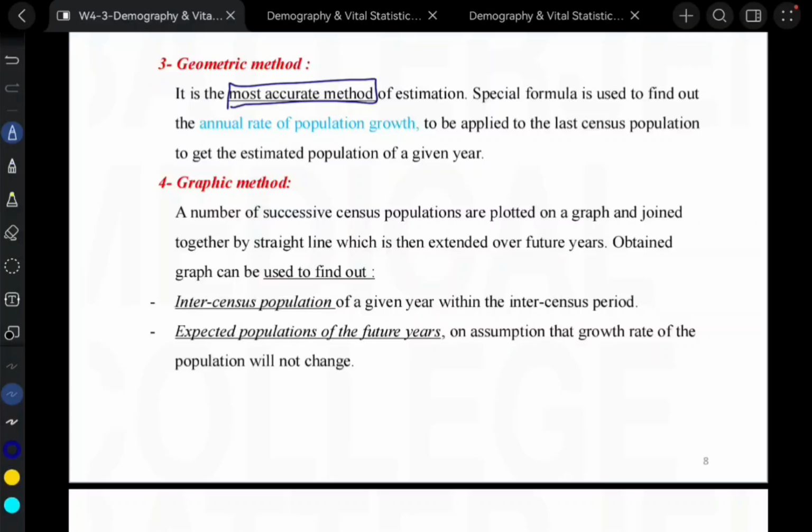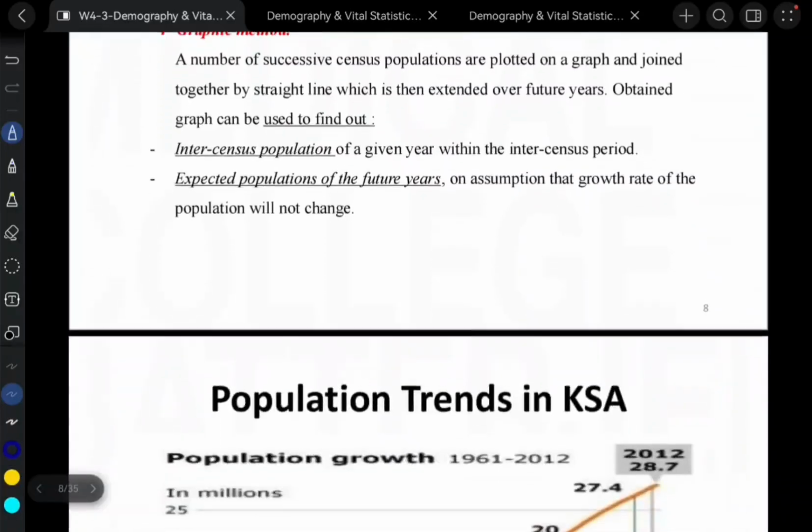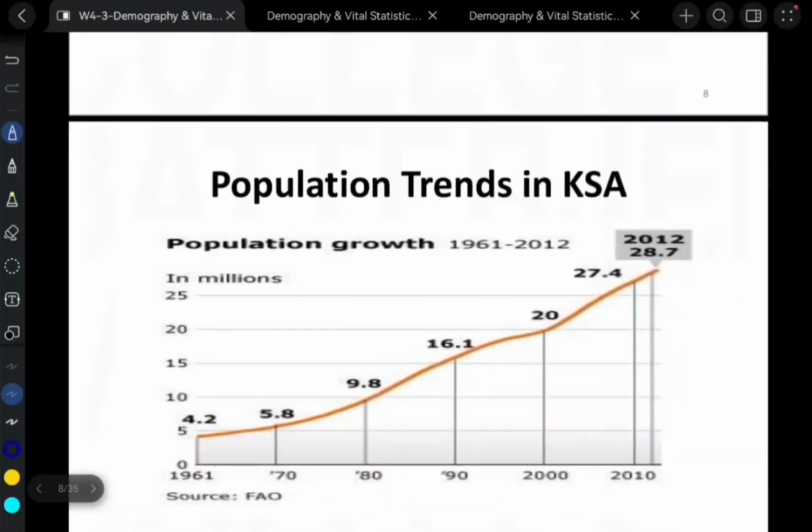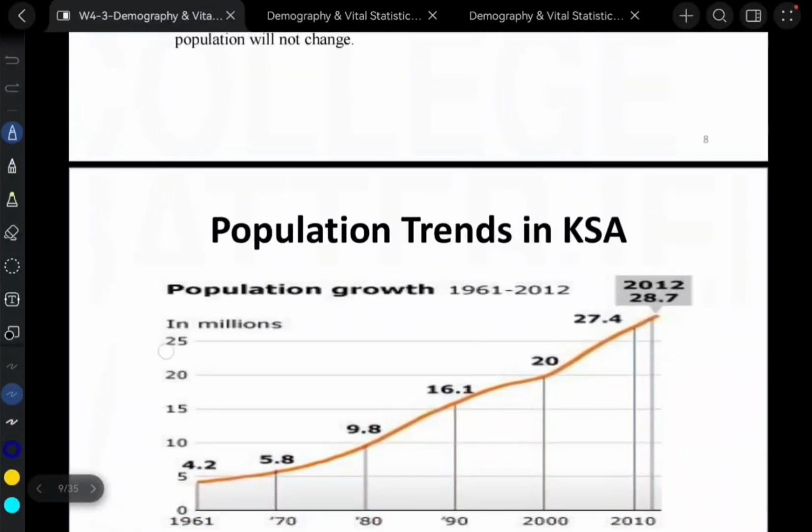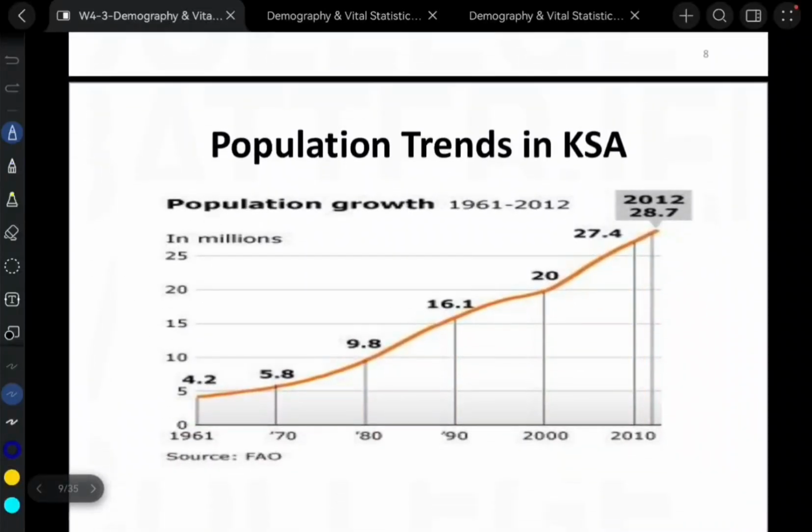The obtained graph can be used to find out two things: inter-census population, which is basically a given year within the period between two censuses, or expected populations in future years. So either something in the past or something in the future, on the assumption that the growth rate of the population will not change. This makes it a lot less accurate than the previous ones, because you're just predicting the future, which is not as accurate as it may seem.